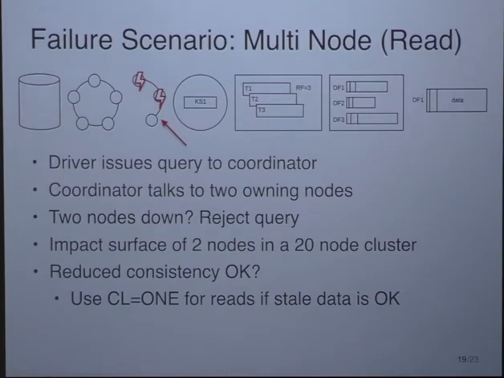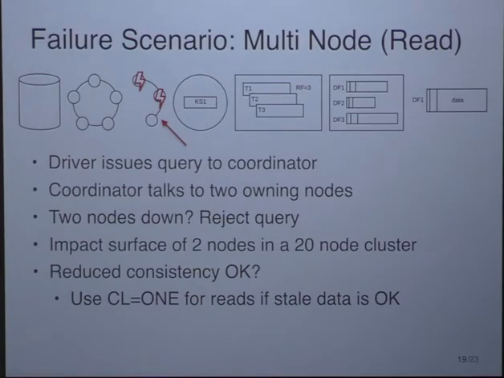So think about the impact surface of 2 nodes in a 20-node cluster. How much of the data, percentage-wise, is going to be inaccessible if 2 nodes are down in a 20-node cluster? And think about it like this.